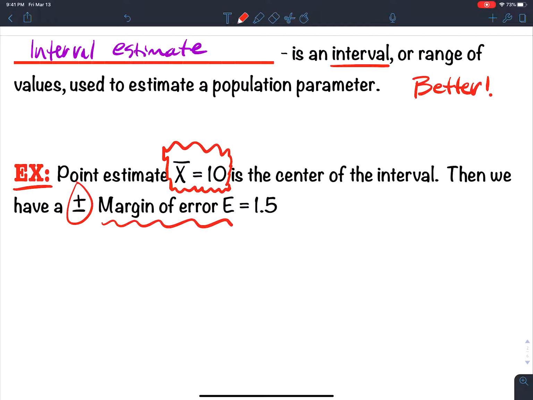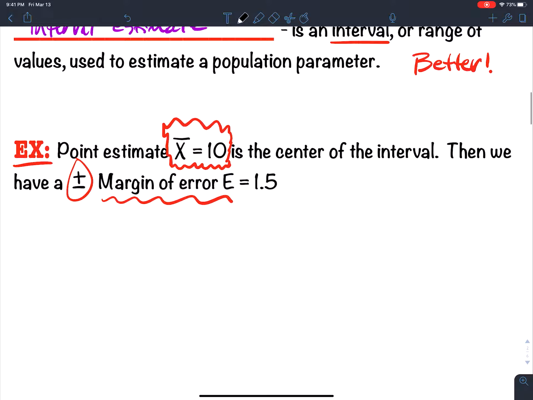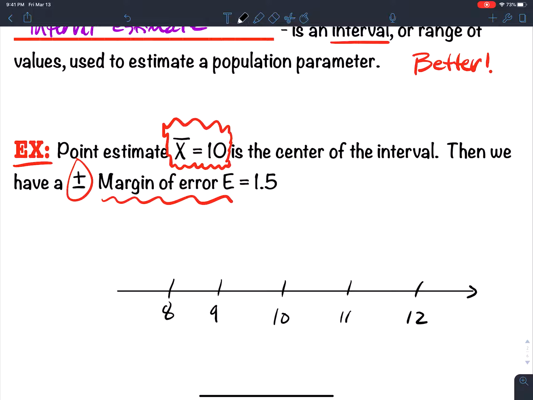Okay, we talked about margin of error. Now, let's draw this in a picture. So, let's say 8, 9, 10, 11, 12. Okay, so maybe this is my interval. Now, the point estimate is x bar equal to 10.